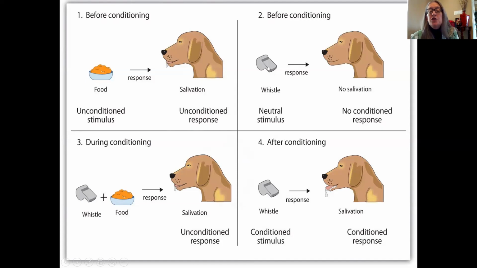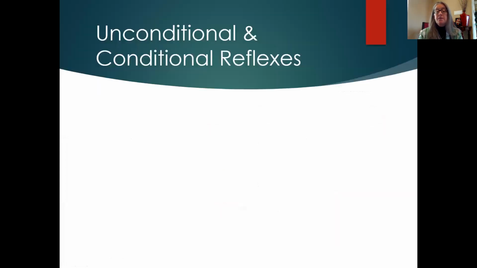The whistle, the neutral stimulus, leads to nothing, no salivation. However, during conditioning, we're going to pair the whistle or the bell or the metronome to the food, and the dog salivates. So whistle, food, salivate, whistle, food, salivate. And after conditioning, the whistle alone will lead to the salivating. So now we're going to call the salivating a conditioned response. And the whistle, instead of being a neutral stimulus, we're going to call it the conditioned stimulus.